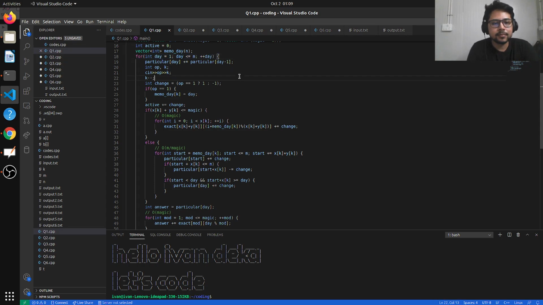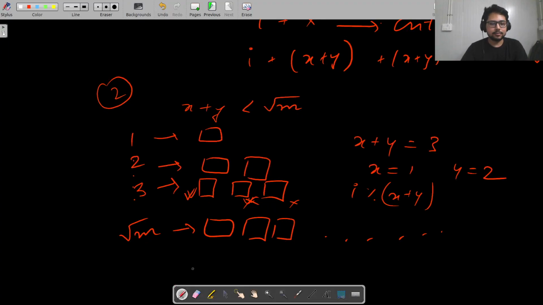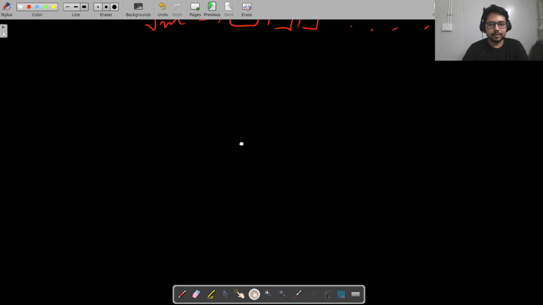Okay, so the first thing is it's doing something similar to prefix sum. For instance, there is a range 1 2 3 4 5, and you know that a particular value is present from 2 up till the point 4.